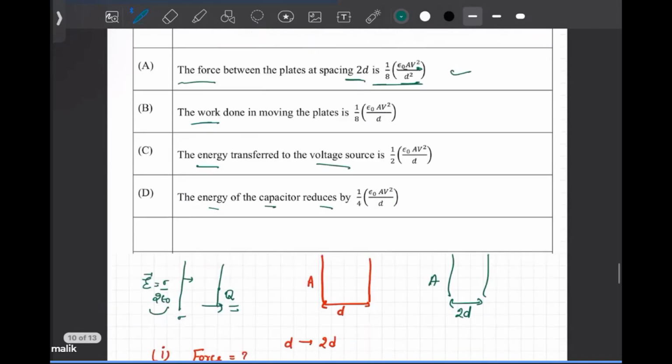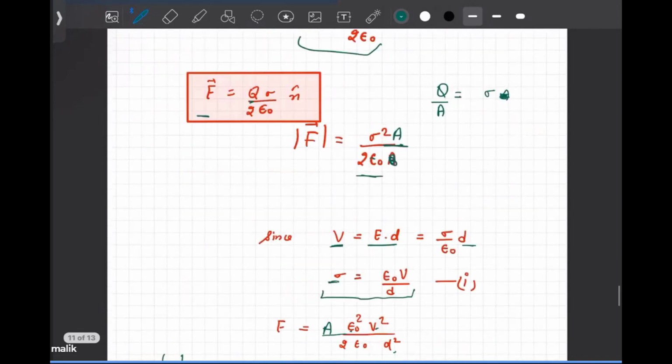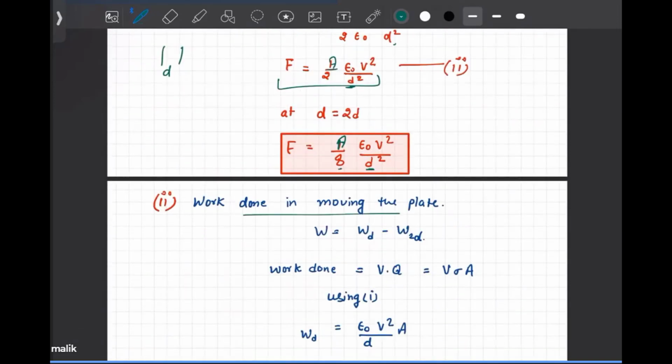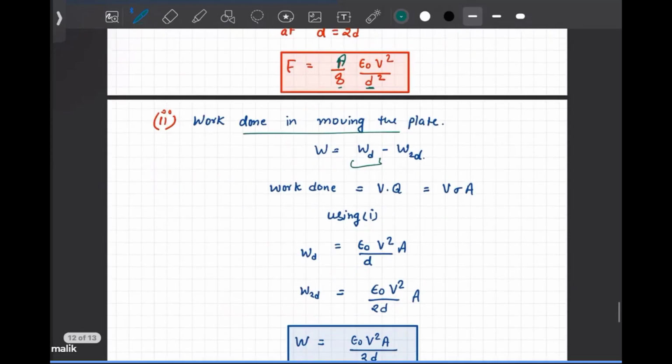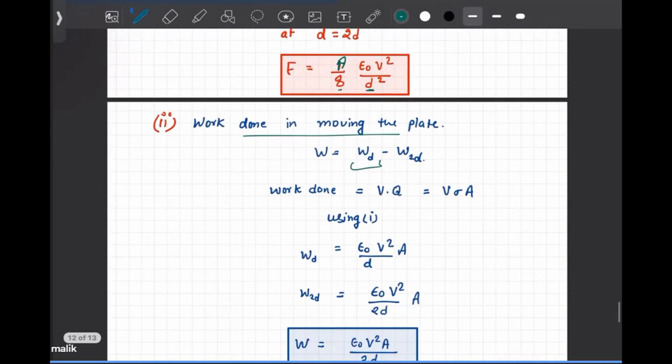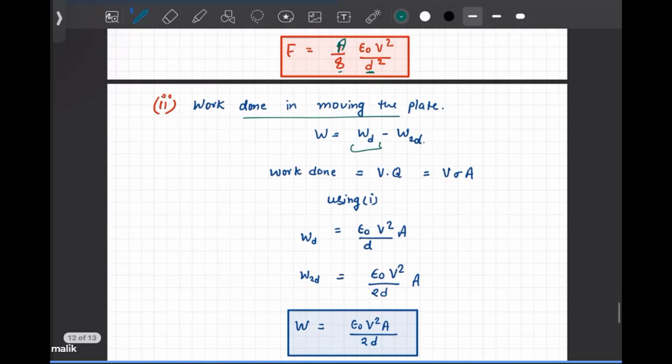Now we have to calculate the work done in moving the plates. The work done is the final minus initial, that is, 2d minus d. The work done is given by potential multiplied by charge.